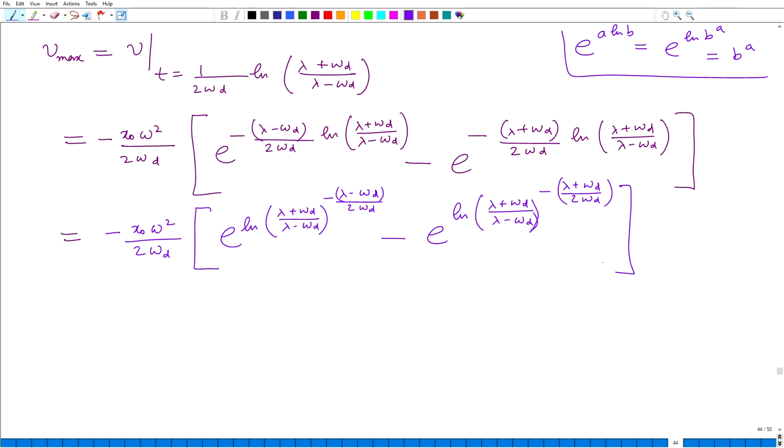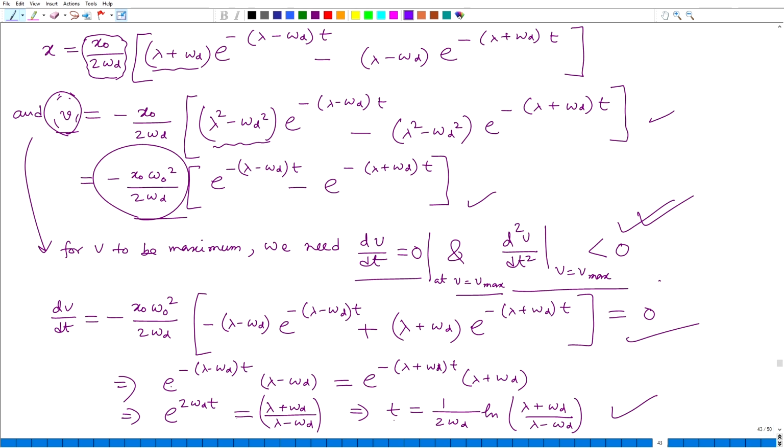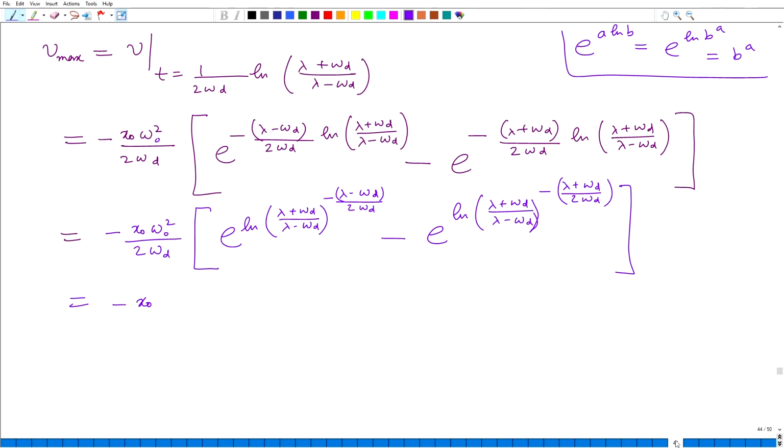These things you have to understand, that if you can do that, then everything is done, and you can write minus x 0, I can actually write omega 0 everywhere. Yeah, omega 0 is there. Okay. Yeah, 2 omega d. And then what will be this? This is simply lambda plus omega d by lambda minus omega d times minus lambda minus omega d by 2 omega d.